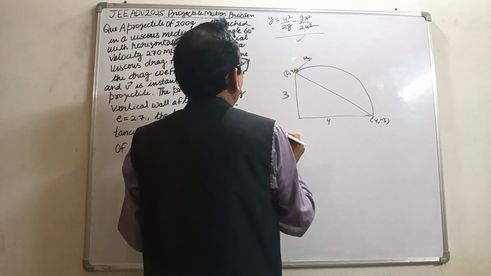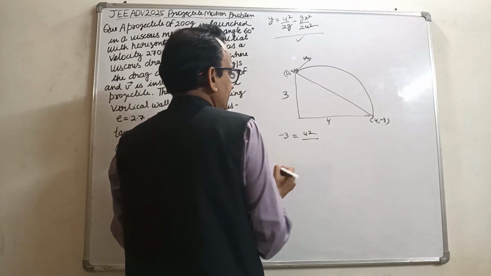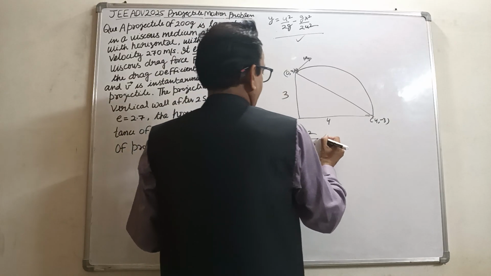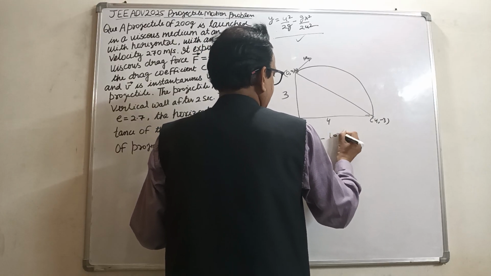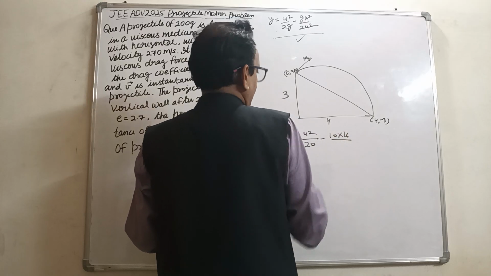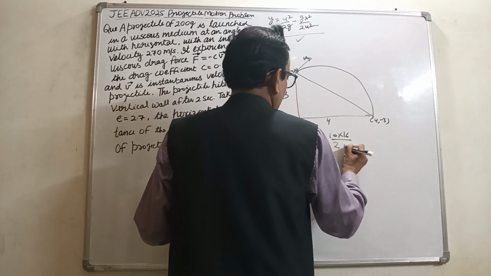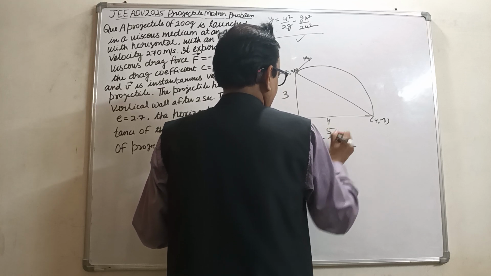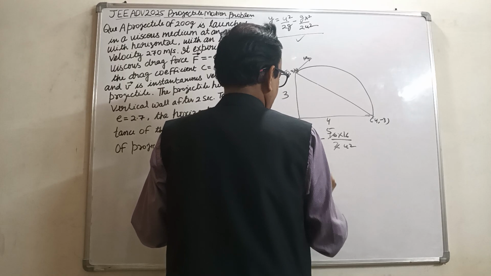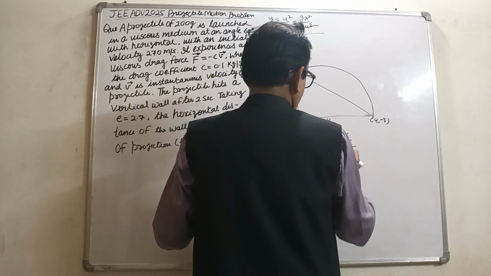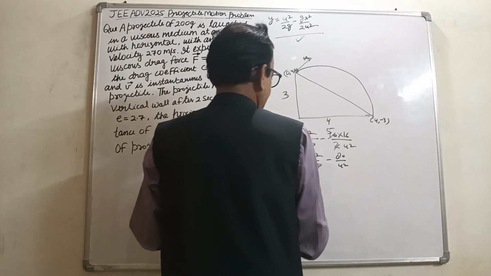So y would be what? Minus 3, and u square and 2g becomes 20 minus 10 x square is 4 square 16, and 2u square. So this becomes 5, this becomes u square by 20, and this becomes 80 upon u square minus 3.